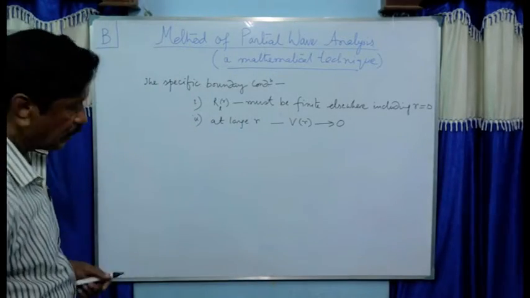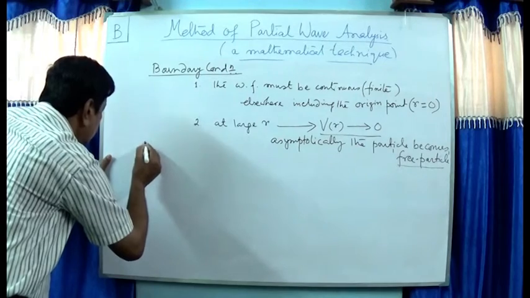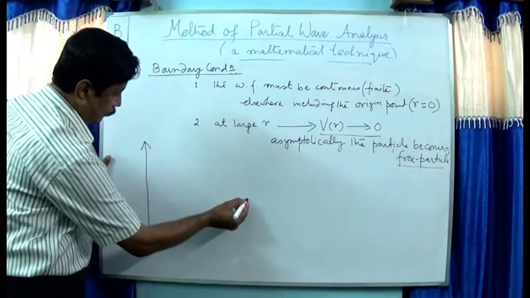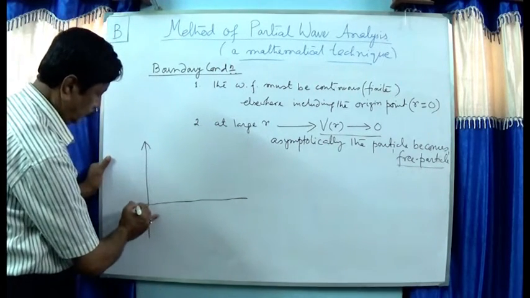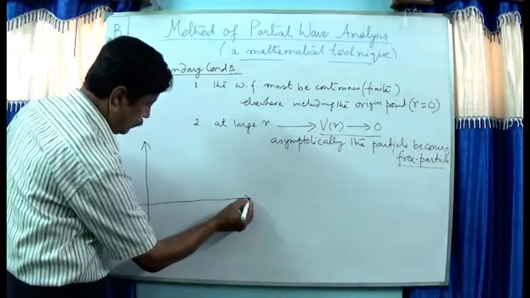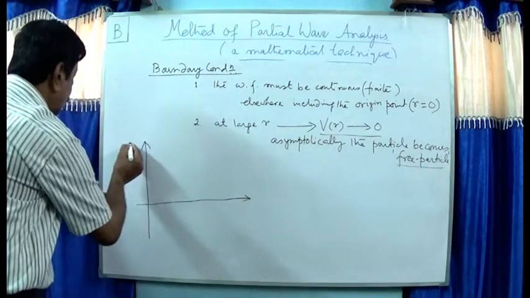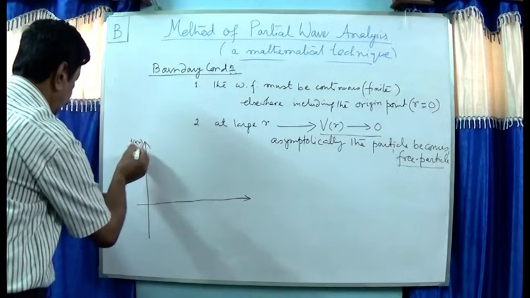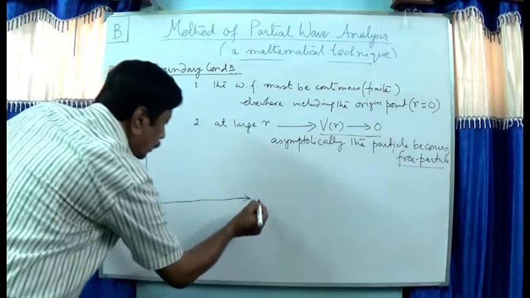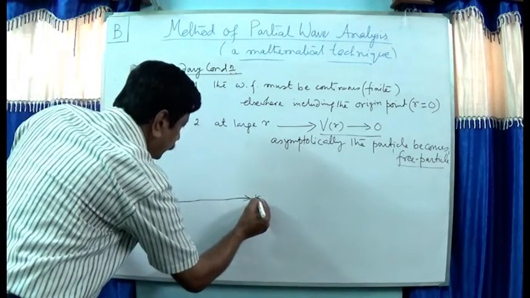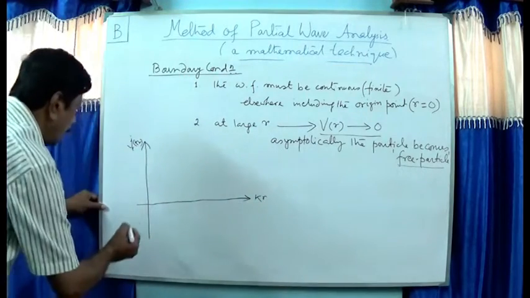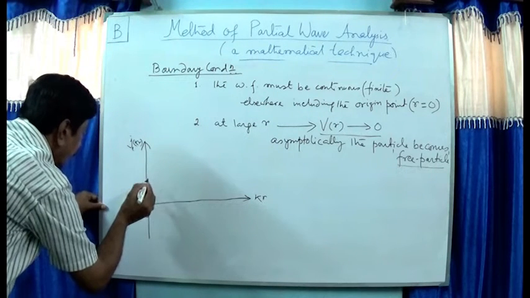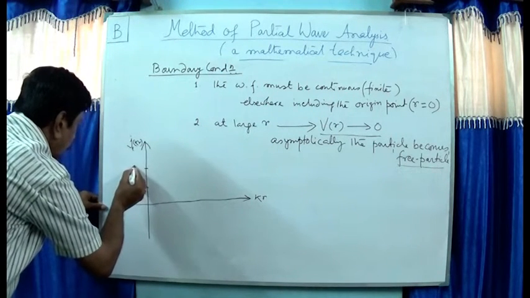Now let us see the two functions graphically. It is your spherical Bessel function, that is J_L(KR), so it is KR as argument, 0.5, 1.0.